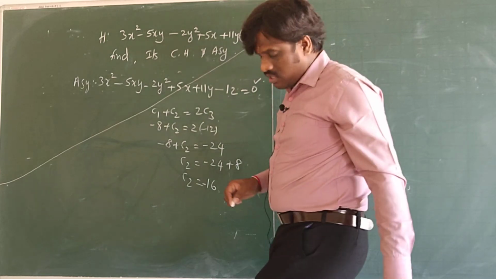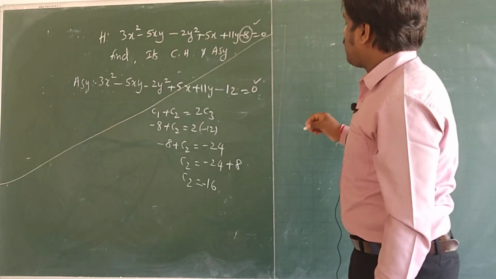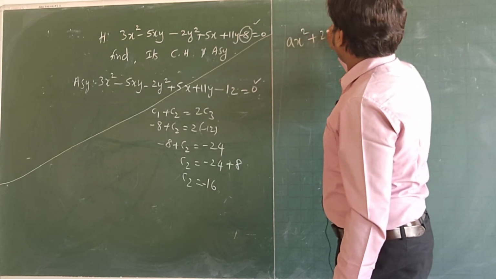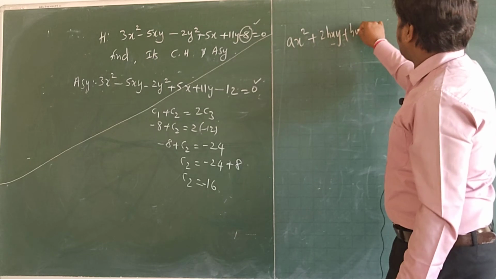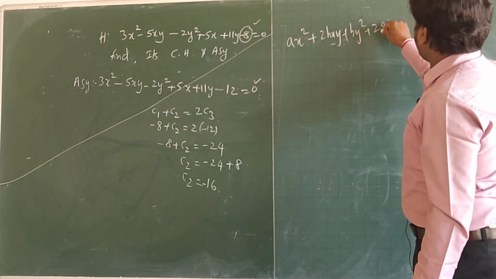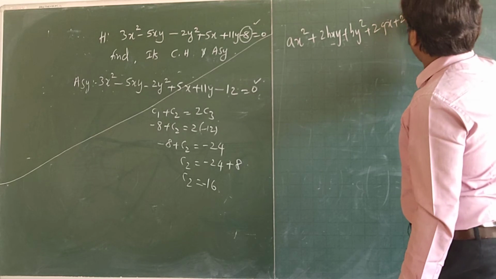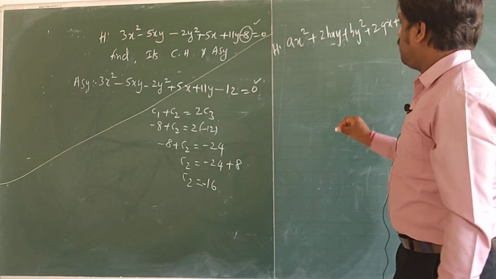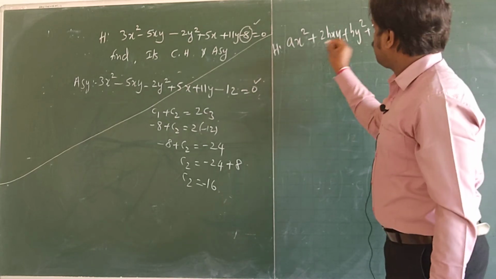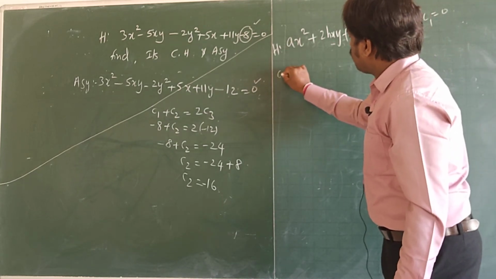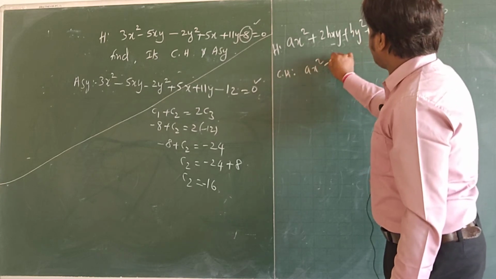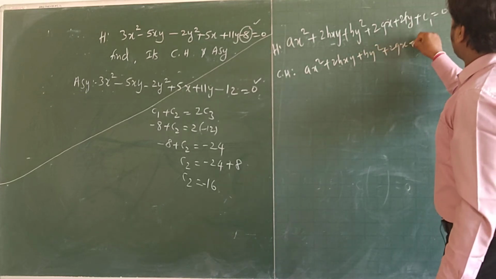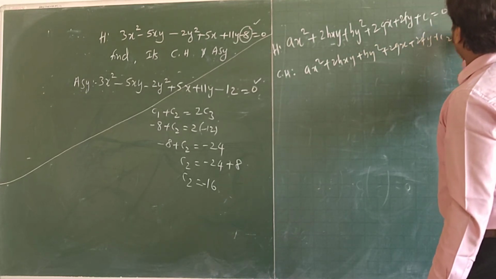So this was the hyperbola, and as I already informed you, ax square plus 2hxy plus by square plus 2gx plus 2fy plus c1 is equal to 0 is a hyperbolic equation, then the conjugate hyperbola will be ax square plus 2hxy plus by square plus 2gx plus 2fy plus c2 is equal to 0.